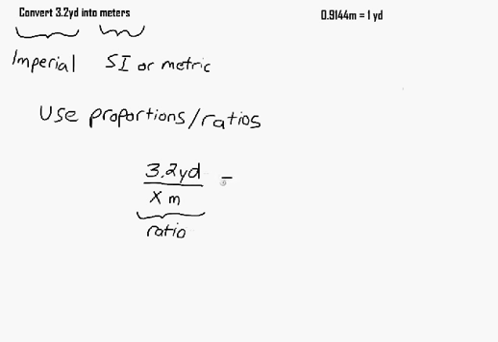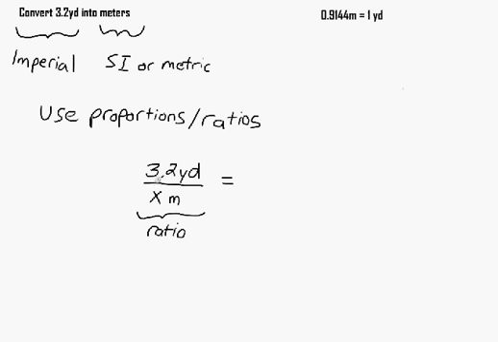And we know that ratio is going to be the same as the ratio of the conversion factor up here, the meters to yards. We know that there's 0.9144 meters for every 1 yard. So that ratio, or the proportion of meters to yards, will be the same. What you do is you set up your ratio on one side of the equation.